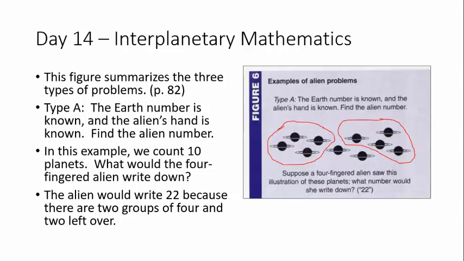All right, there are 2 4s contained in our number 10, and there are 2 left over. So the alien would write down 22 because of this.